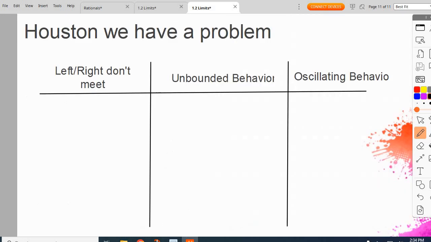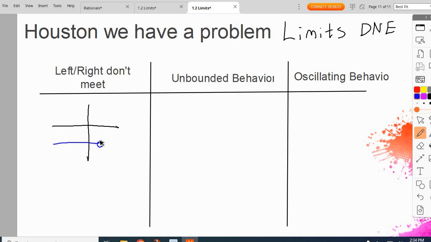Which means that we have 3 different types of problems, or basically, in other words, where limits do not exist. The first is if our left-handed limit and our right-handed limit do not equal each other. Yes.